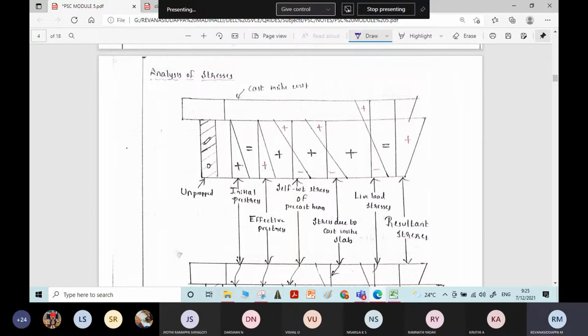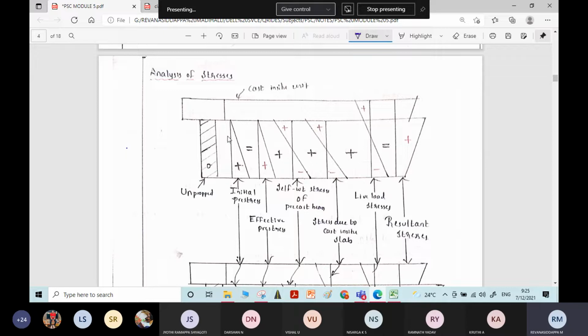For that we will find the stresses due to the self weight of the member, as we used to do in the first module or the third module. The same procedure we have to follow to determine the stresses due to self weight.